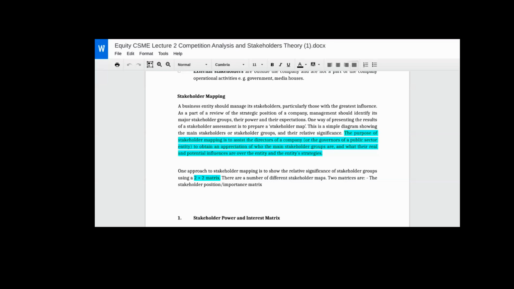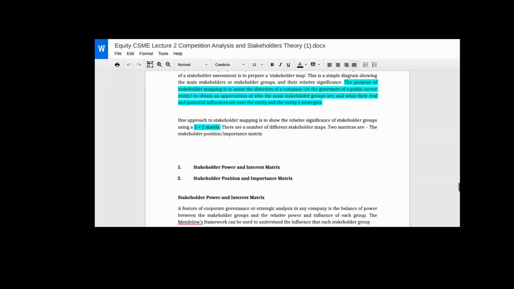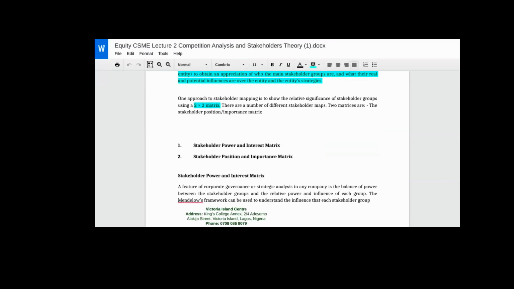As a result, it is expected of management to identify them and design effective ways of managing their diverse attitudes and behavior so that they will not cause disorganization in the company, so that the company will experience industrial harmony. The stakeholders mapping is also called the 2x2 stakeholders matrix.